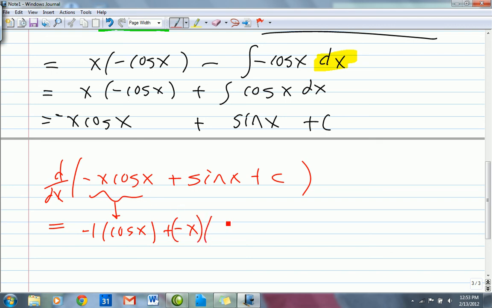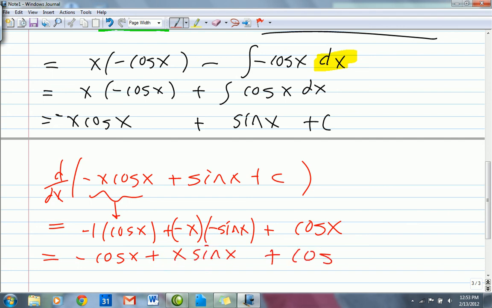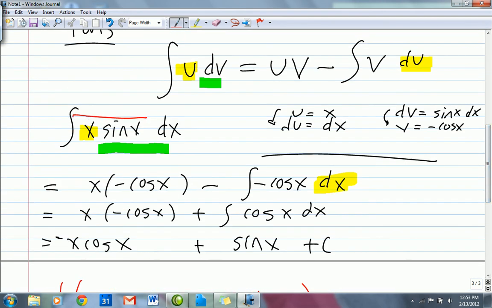So the derivative of cosine is negative sine x, plus then the derivative of sine, which is cosine of x. Then I clean that up. I get negative cosine x plus x sine of x plus cosine x. The cosine terms cancel, and x sine x and x sine x. That's what I want.